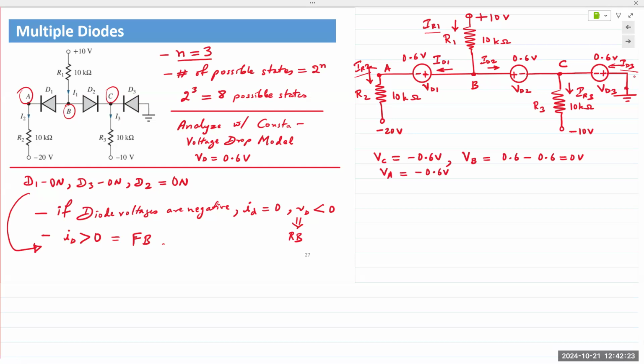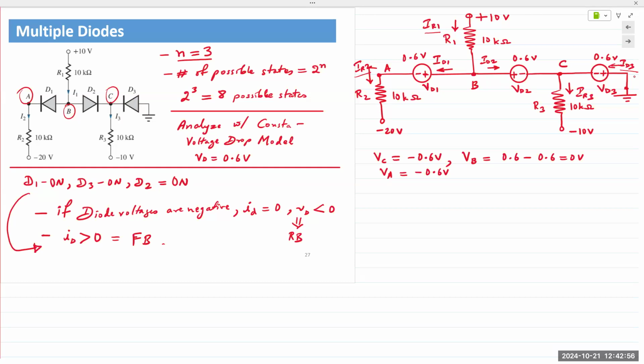All right. So now that I have my node voltages, I can either apply KVL or KCL at each of these nodes and figure out the current equations and the values of these currents. If I look at my current ID1 right here, and then I look at IR2, we see that they are one and the same. The diode current ID1 is the same as IR2.